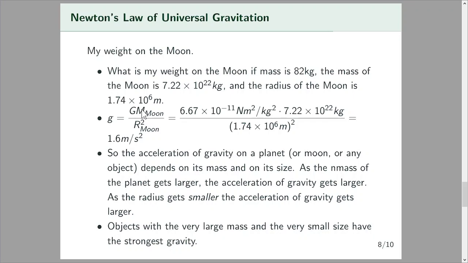If m gets smaller, little g gets smaller. If m gets bigger, little g gets bigger. If r gets bigger, little g gets smaller. If r gets smaller, little g gets bigger. Those are just fraction ideas, arithmetic arguments. Objects with very large mass and very small size have the strongest gravity.